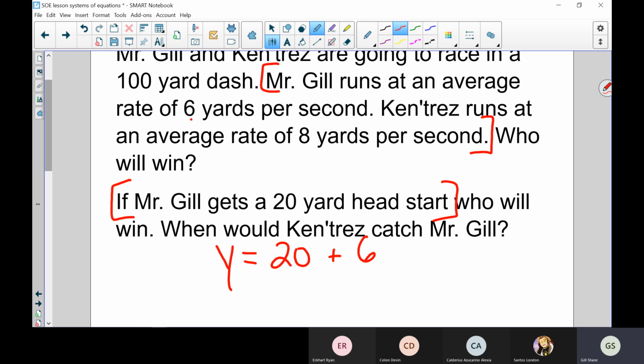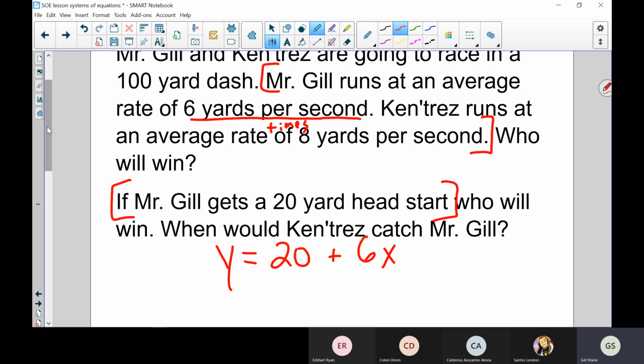It says right there, 6 yards per, which we said means multiply, or times. So times seconds. What does x stand for then? It stands for seconds, whatever that word is, every single time. It would be the number of seconds, or how many seconds, but the word problem tells you exactly what goes in here.